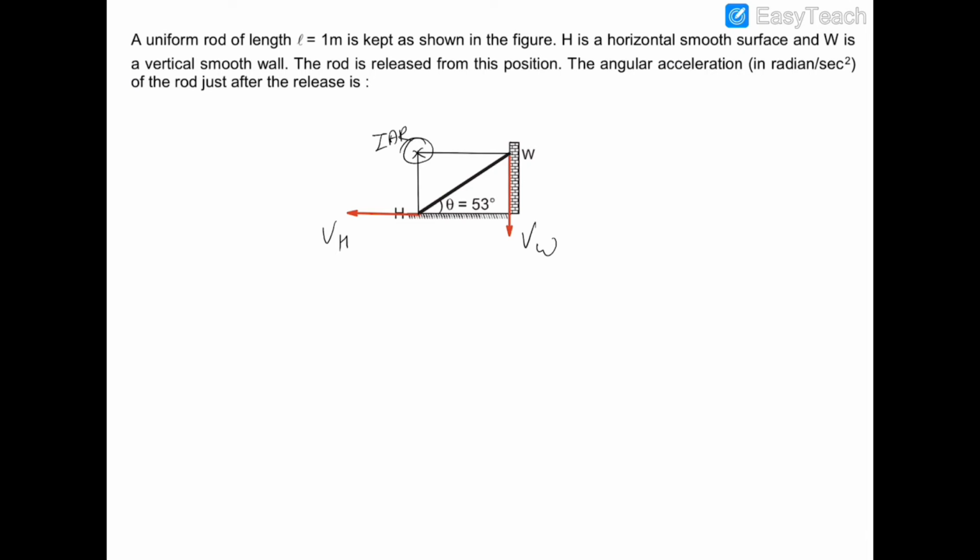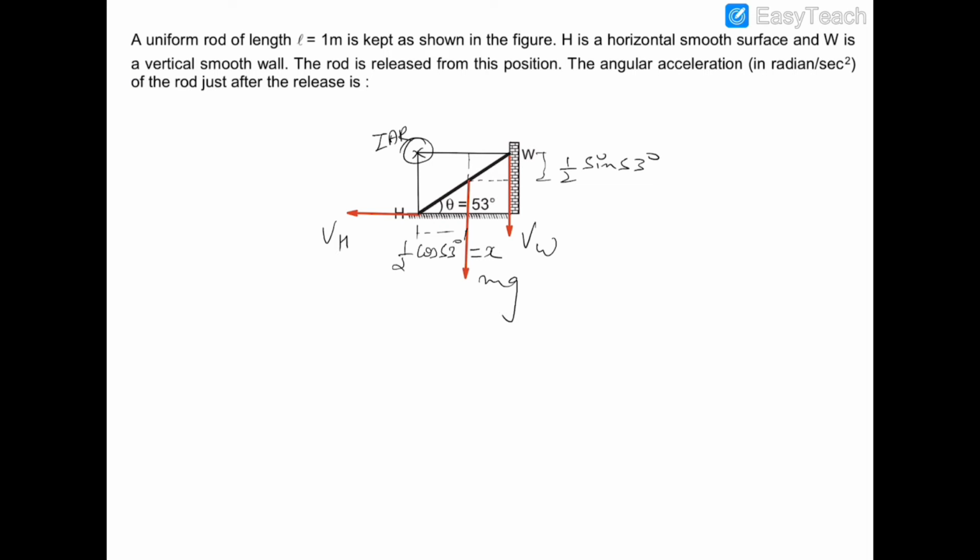Now we can see that the mg of the rod would be acting from the center in the downward direction. So this is the mg of the rod, which is acting from the center in the downward direction. This distance is 1 by 2 cos 53, so let us assume it as x, and this distance is 1 by 2 sin 53.